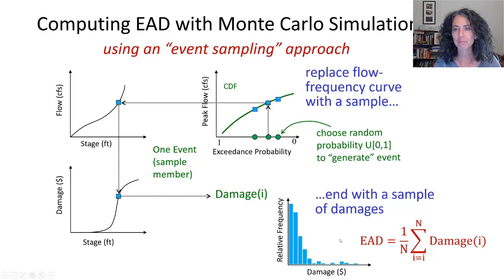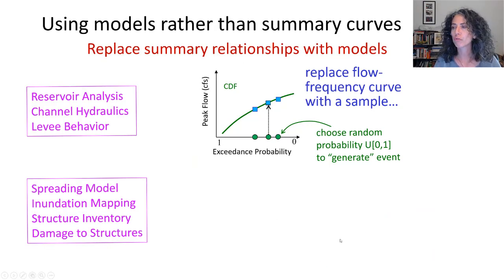Well, the benefit is that when we're replacing the probability distribution with individual sample members, we can bring our watershed models back into the analysis. So computer power has increased quite a bit, and it's very possible now to simulate each individual flow event, right?